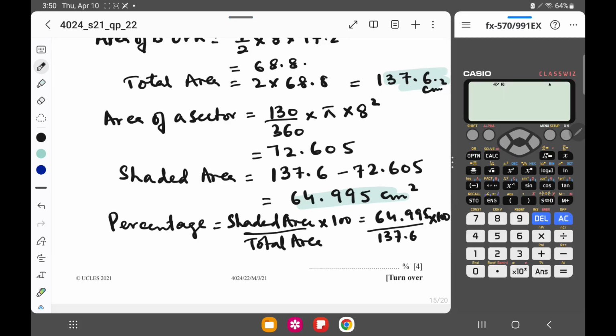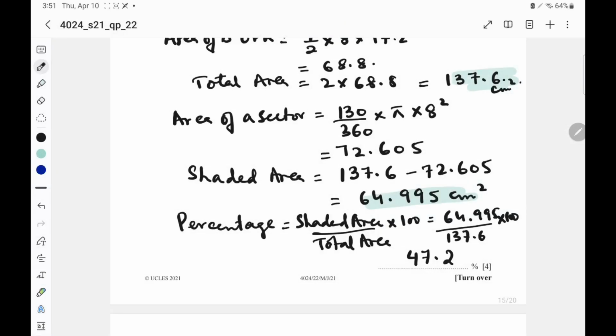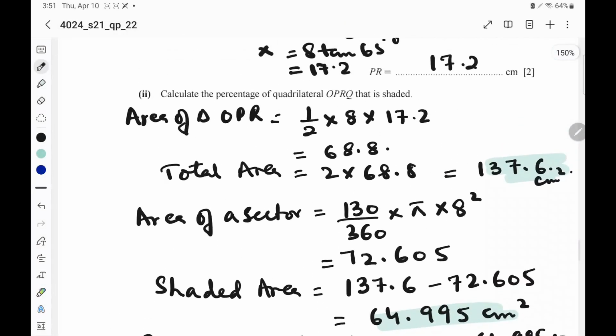Let's calculate. That comes to 47.23, or 47.2%.